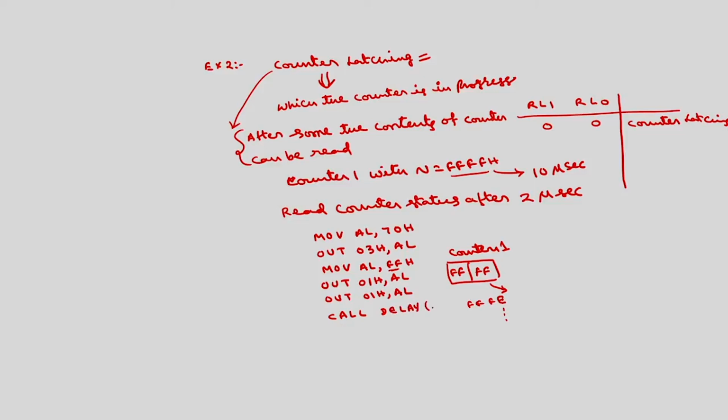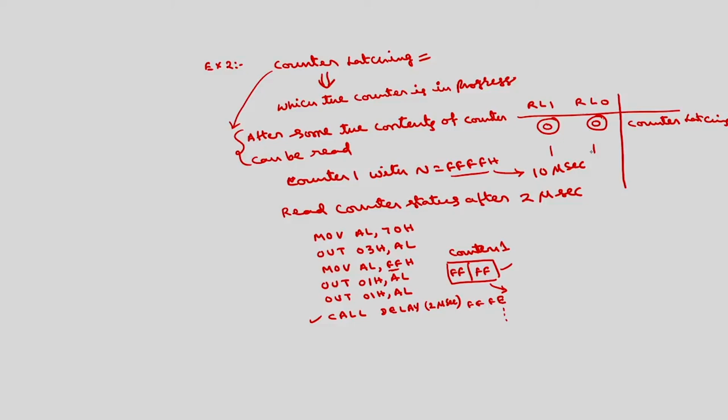This delay I want to write for 2 microseconds, because I want to read the contents of the counter after 2 microseconds. That is why I am writing this call instruction. Then I have to latch this counter. For latching of the counter, RL1 and RL0 should be zeros. For reading the 16-bit count, RL1 and RL0 should be 1 1.